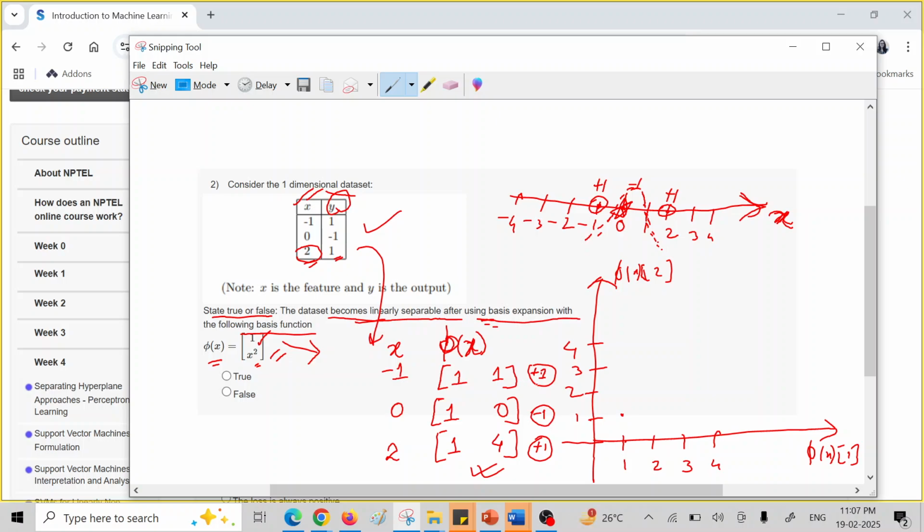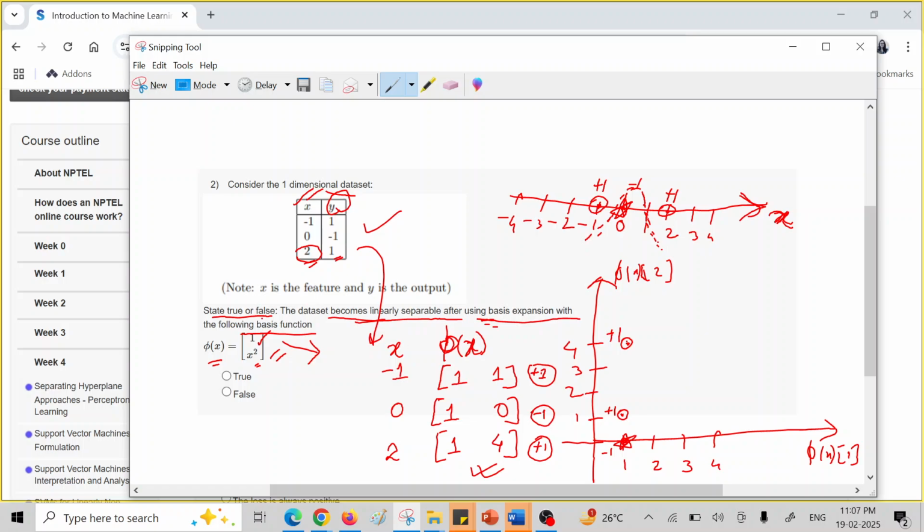The class label of this data point is negative, so negative data points I am representing with a star. Then the third data point is 1, 4: 1 again, and then 1, 2, 3, 4, somewhere here it will be. And the class label of this data point is again positive.